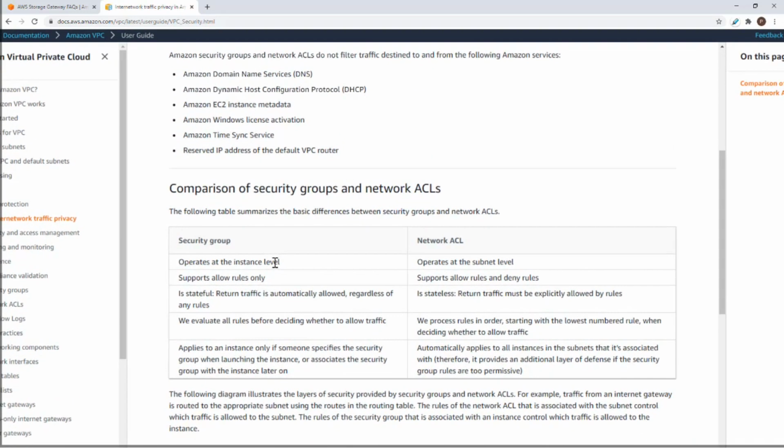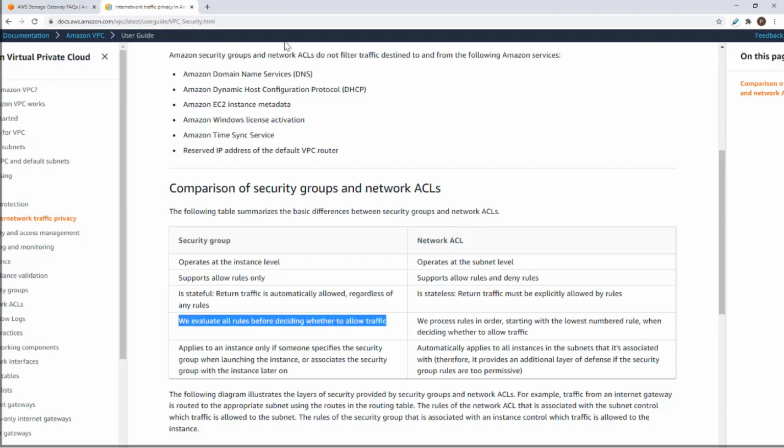Yeah, here it is. The differences between security groups and network ACLs: there might be a few questions directly on this. But if you understand this table correctly, a lot of things would be clear. Here we process rules in order, starting from the lowest number rule, when deciding whether to allow traffic. For security groups, all rules are evaluated before deciding whether to allow traffic.